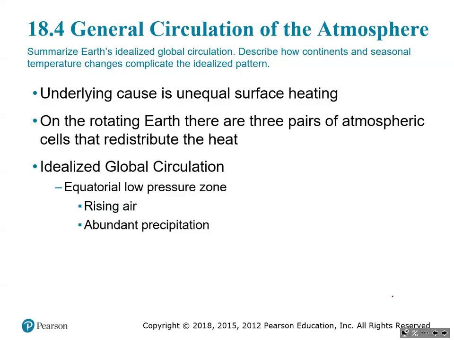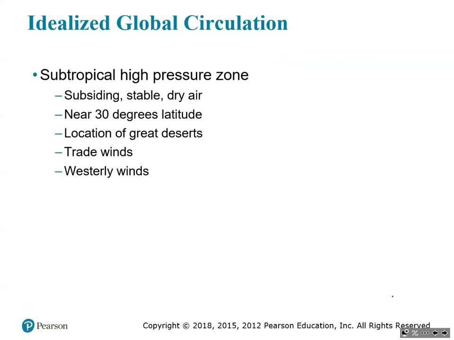So in the ideal global circulation, there's an equatorial low pressure zone where you have rising air and abundant precipitation. At the equator, it's the warmest, air goes up, dumps water out, it rains on you a lot. Then there's a subtropical high pressure zone where you have subsiding, stable, dry air.